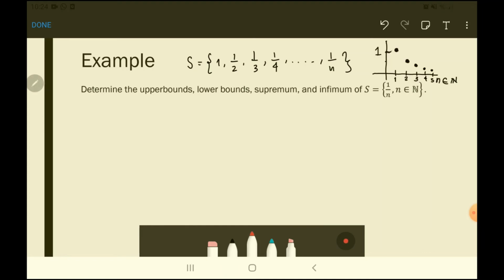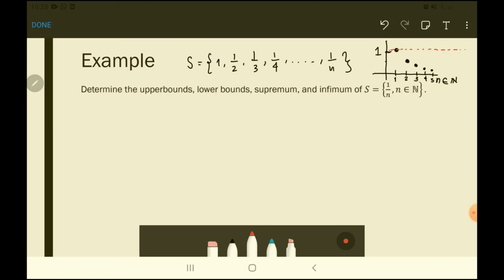If we look at that, we know that the elements of this set will never be greater than 1, while they are also never less than 0, because it's impossible to get a negative value here.